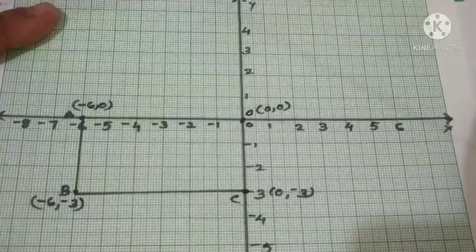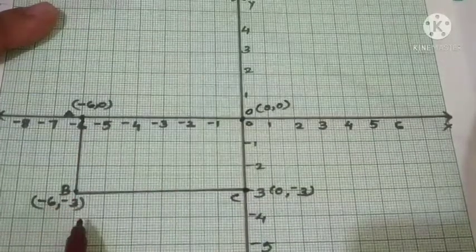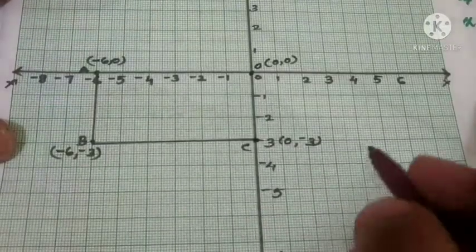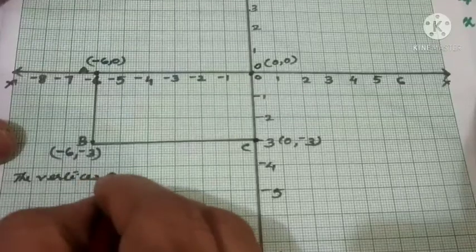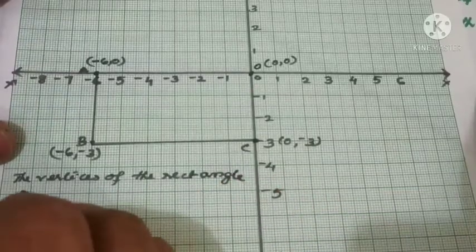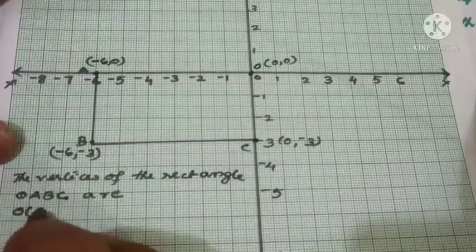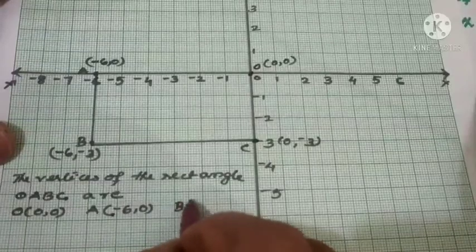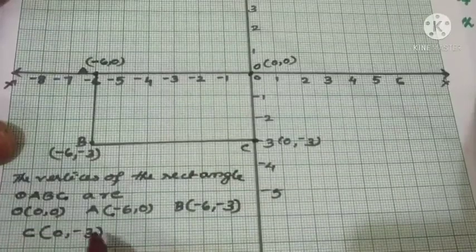The vertices of the rectangle OABC are O (0, 0), A (minus 6, 0), B (minus 6, minus 3) and C (0, minus 3).